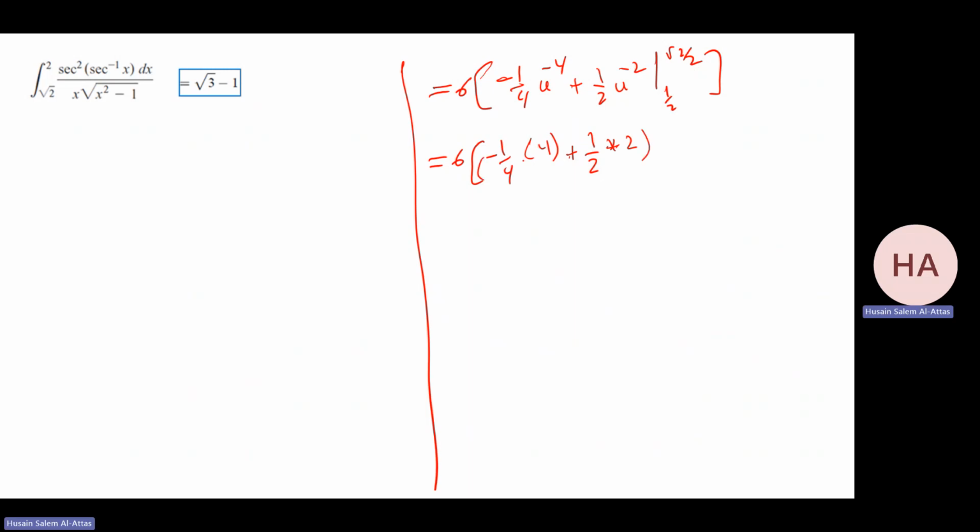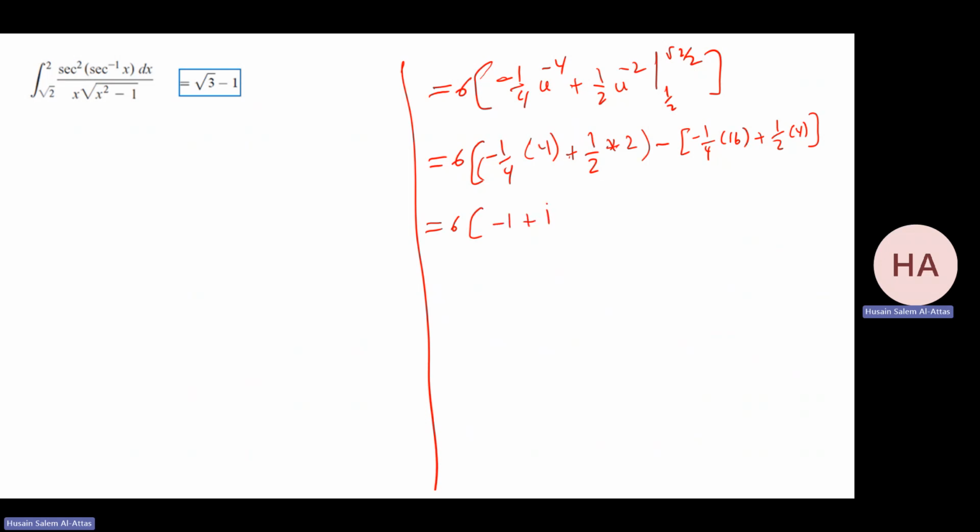This is the first one. Minus, this will be half to the power minus 4, which is 16. So that will be minus 1 over 4 times 16, plus half times 4. Do the calculation now.